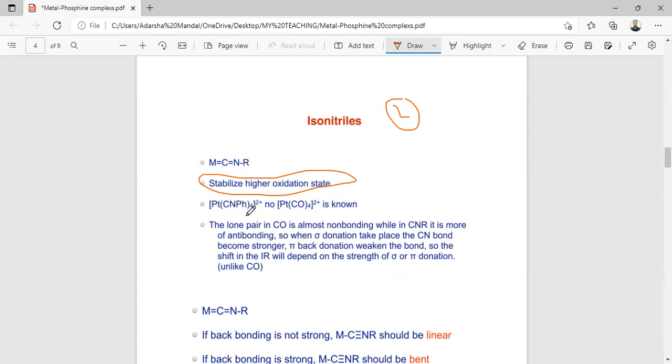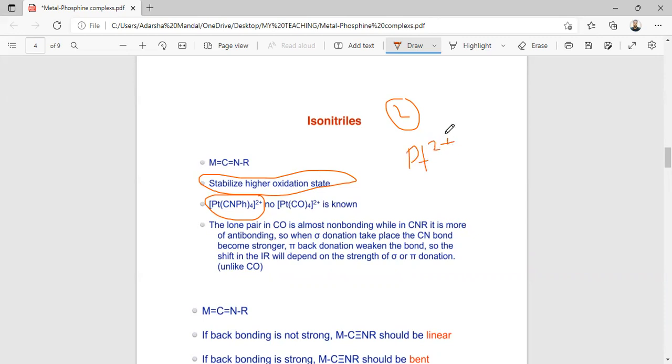One example is that Pt(CNR)4 2+ is known, but Pt(CO)4 2+ is not known, because here the oxidation state of platinum is +2.